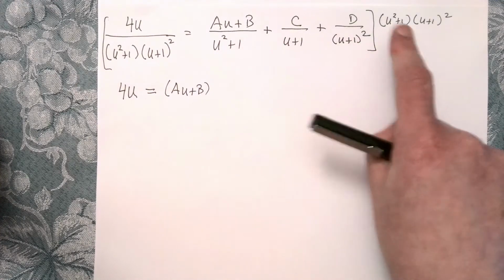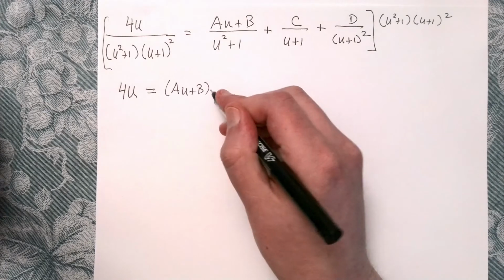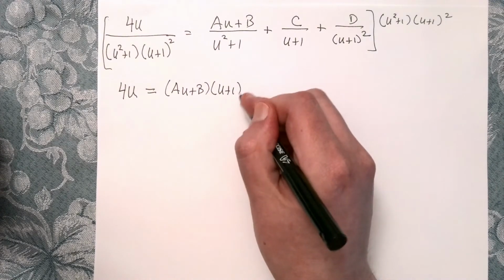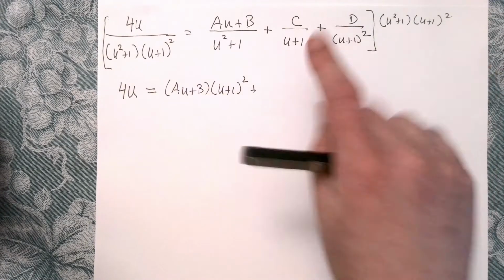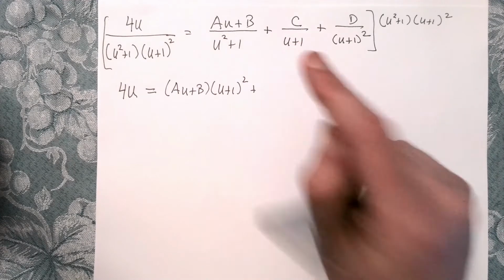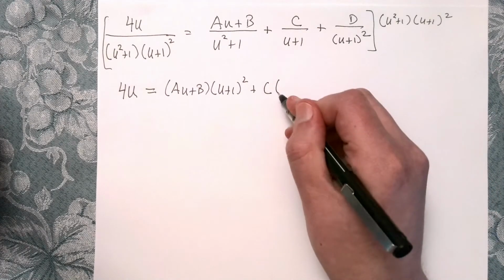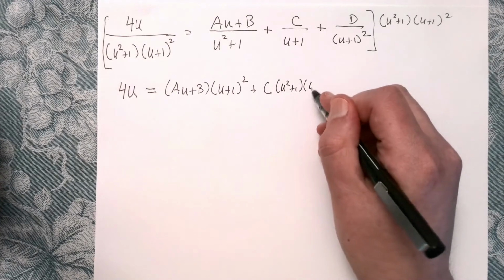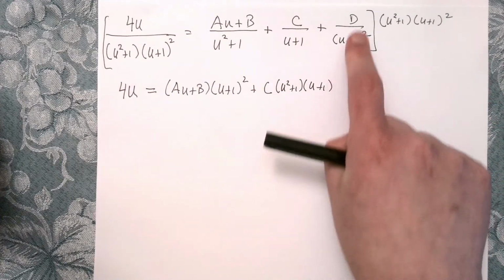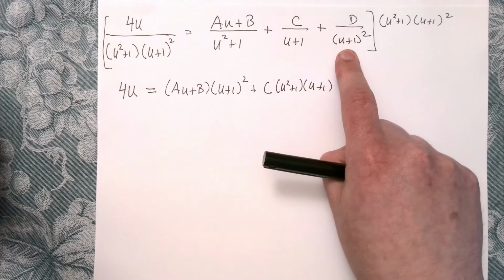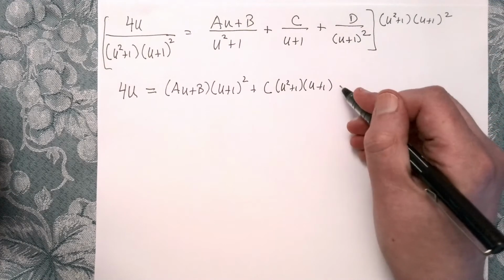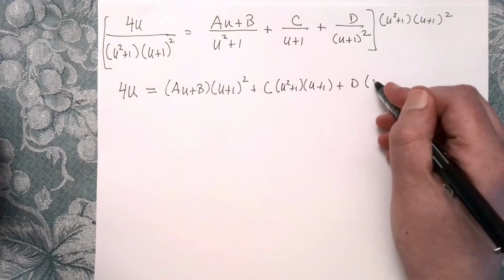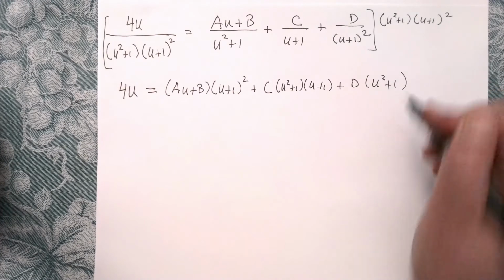And then this will cancel with this, leaving u plus 1 quantity squared. One factor of u plus 1 will cancel out here. So we've got c times u squared plus 1 times 1 copy of u plus 1. And then here, both factors of u plus 1 will cancel, leaving me with d times u squared plus 1.